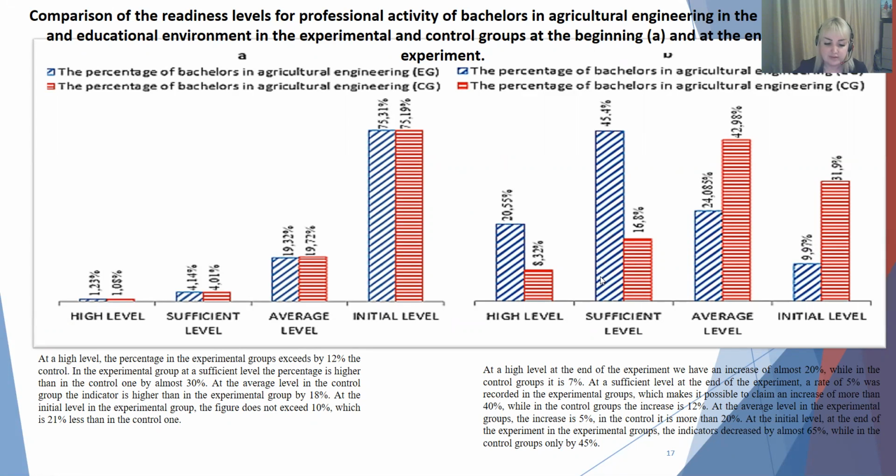At the average level, in the experimental group the increase is 5%. In the control group, it is more than 20%. At the initial level, at the end of the experiment, in the experimental groups the indicators decreased by almost 65%, while in the control groups only by 45%.